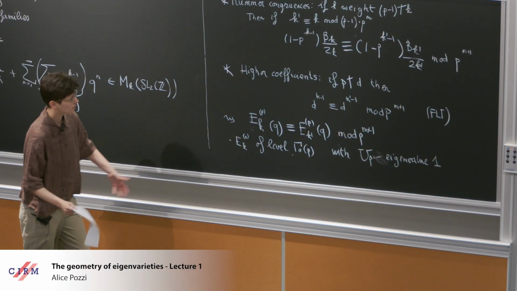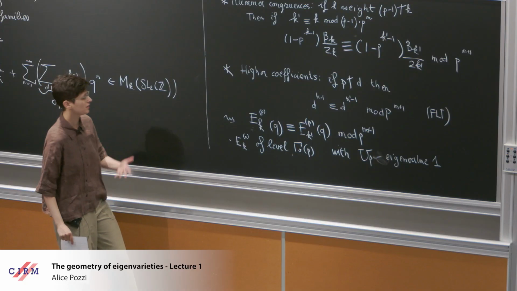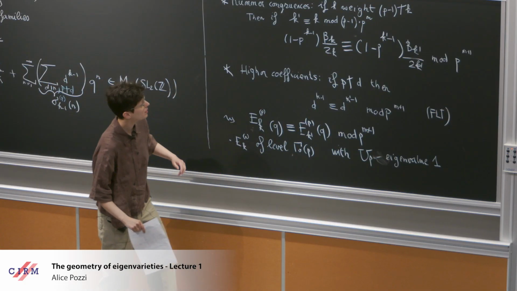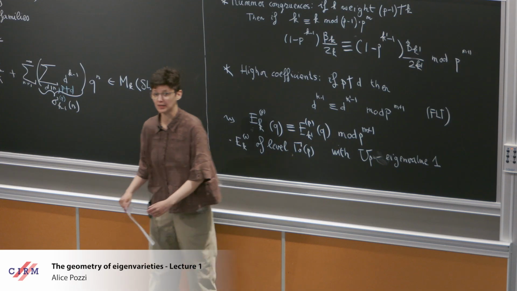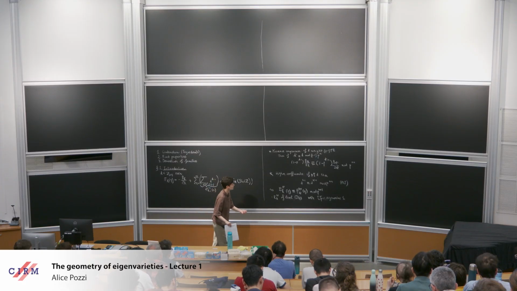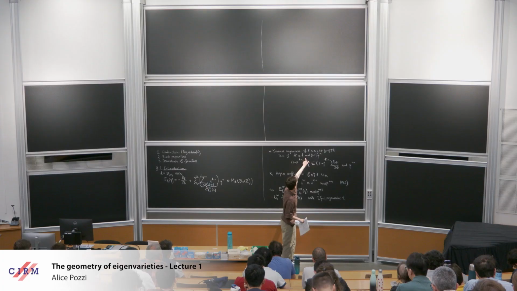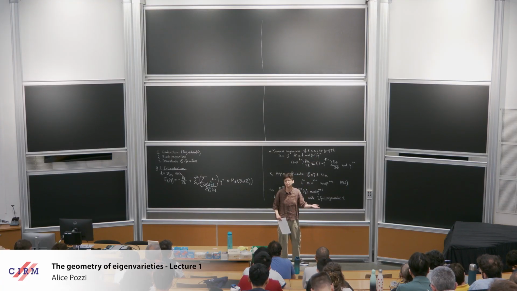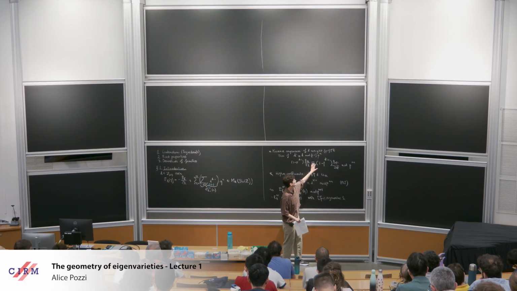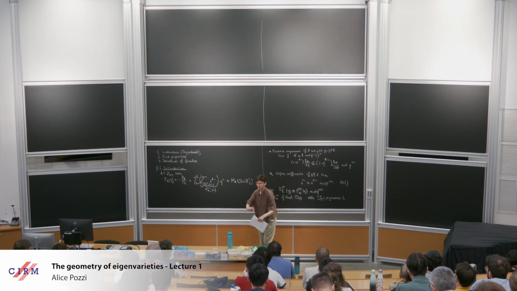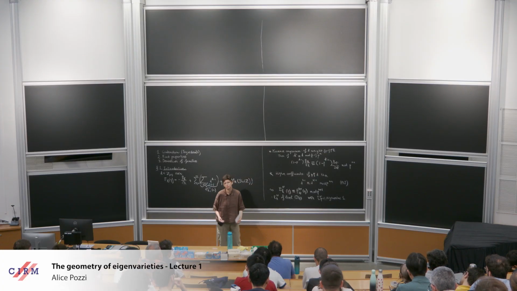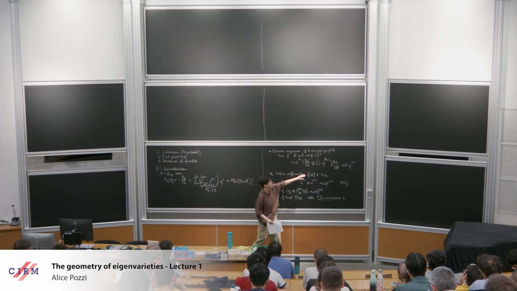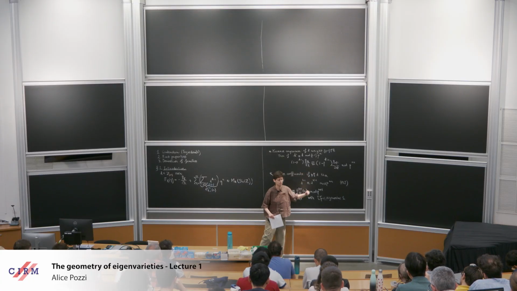So from this example, we see a number of interesting things coming up. So there is a hope that things interpolate in p-adic families, first of all, that there is a condition on the congruence that is modulo (p minus 1) times p to the n, which is the order of the unit group of Z mod p to the n plus 1 Z, which suggests that maybe the correct place to look for congruence is something that has to do with the invertible elements in Z_p by taking a limit.